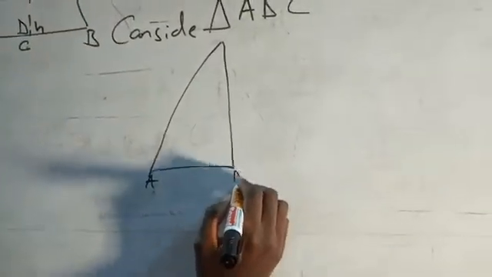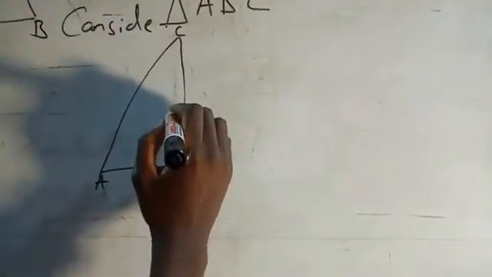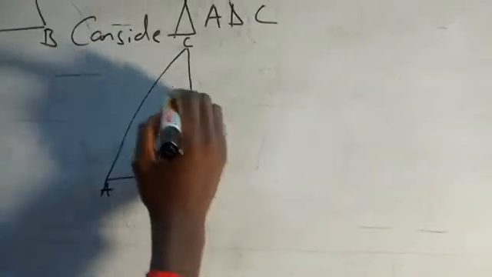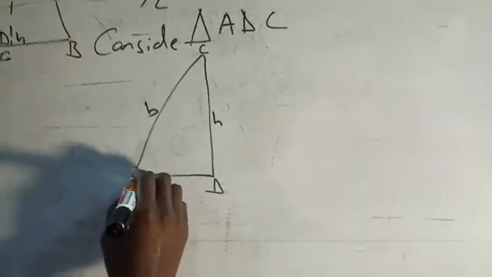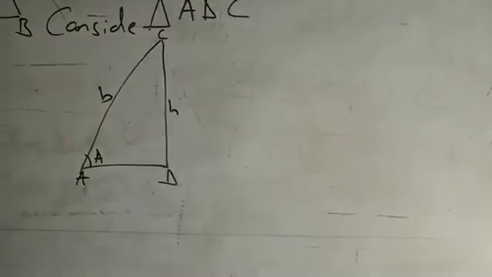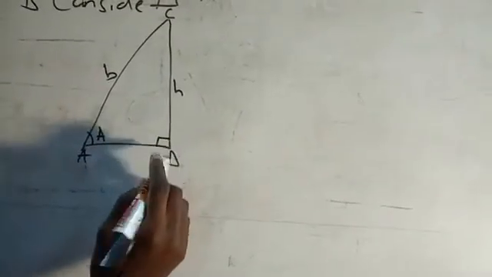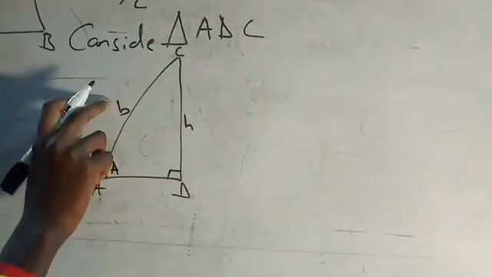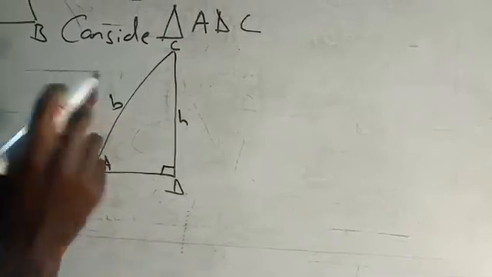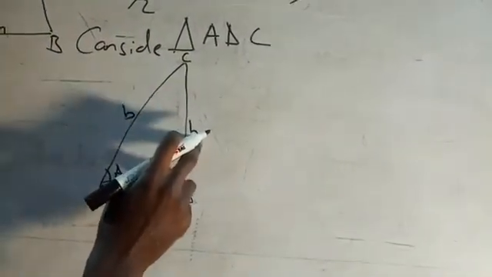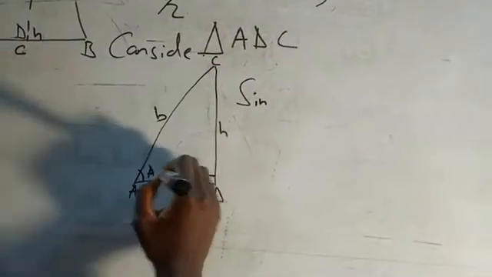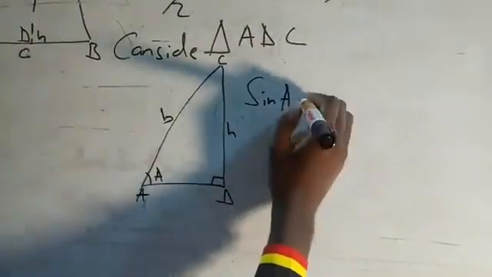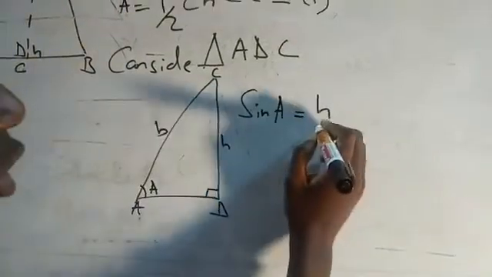This is A, D, and C. This one is H, and this one is B. So here this is sine angle A. Here we can see that we have the opposite and the hypotenuse, and the sine ratio which deals with the opposite and the hypotenuse is the one called sine of theta, which is A, equal to opposite, which is H, over the hypotenuse, which is b.